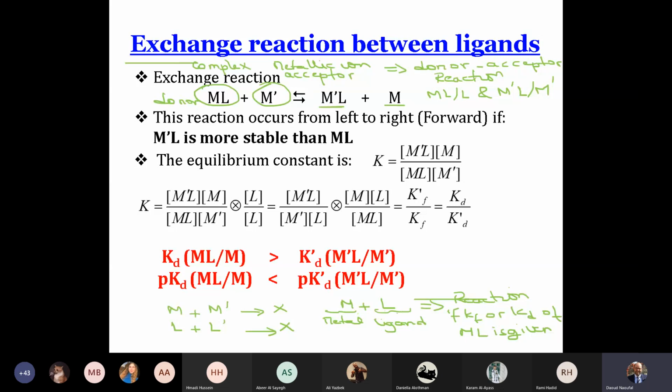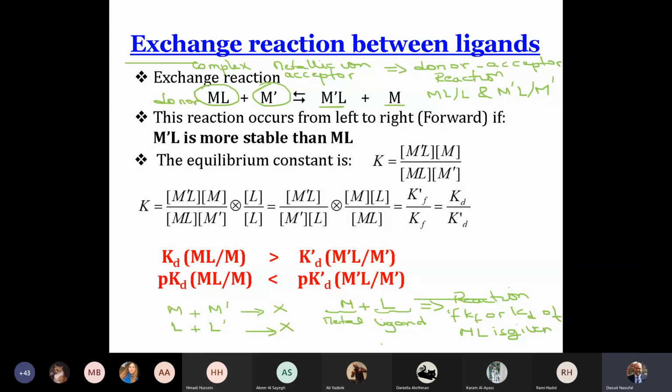M plus L is a reaction of complexation of M by L. This reaction, ML plus M prime, is a reaction that exchanges a ligand between two metallic ions M and M prime. So ML will release its ligand to M prime. So we obtain a new complex M prime L plus the initial metallic M. So this reaction is called exchange reaction between two metallic ions.